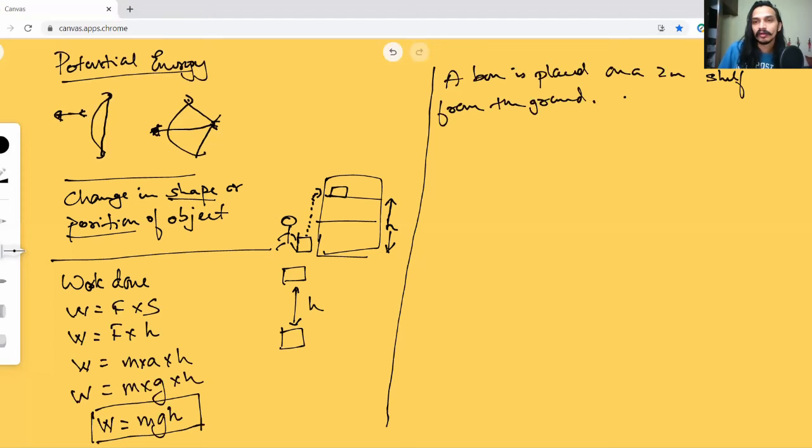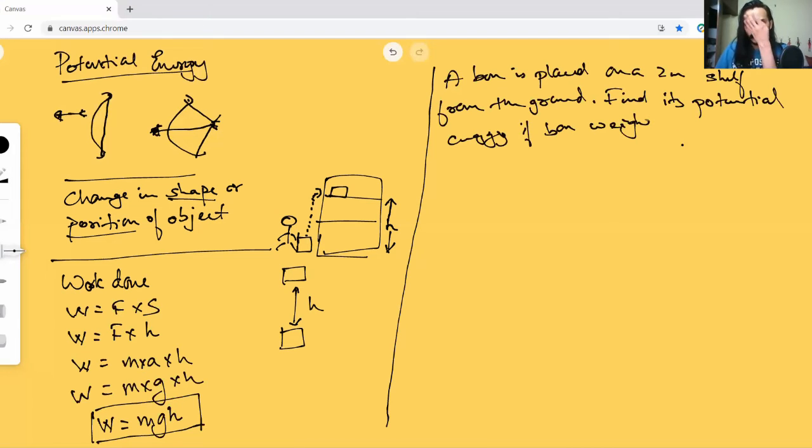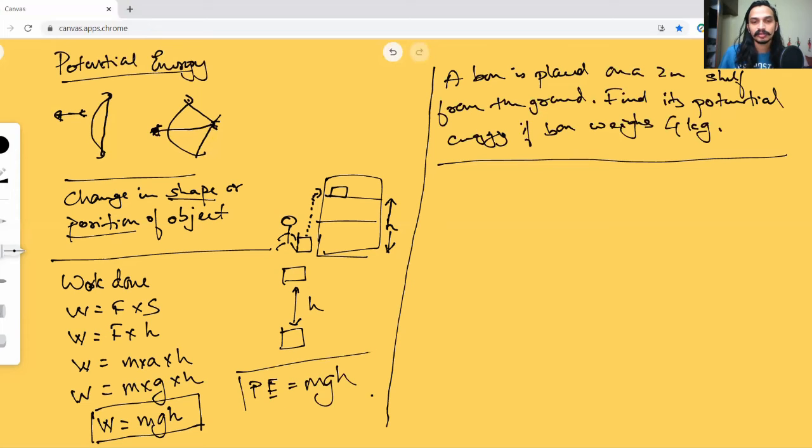Find its potential energy if the box weighs, let's say, 4 kilograms. This is a very simple numerical. I'm asking you to find the potential energy. Over here, potential energy is nothing but, like we just said, mgh. So we'll use the same formula.